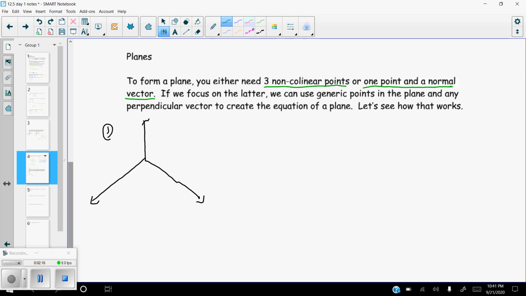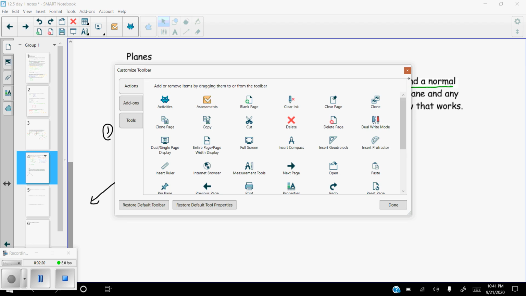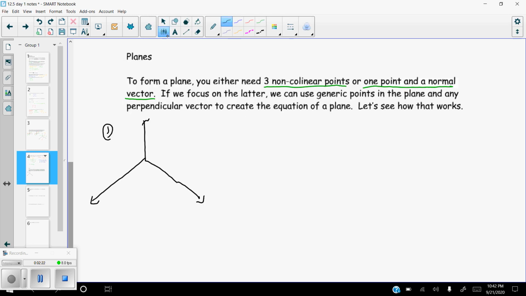So the easiest thing to do is, if I've got a point on the x-axis, a point on the z-axis, and a point on the y-axis, I can very easily create a plane that goes through those points. Obviously that plane right there is only a small triangular piece of the plane, but you would be able to form a plane.